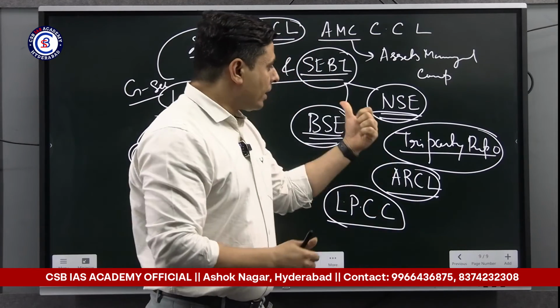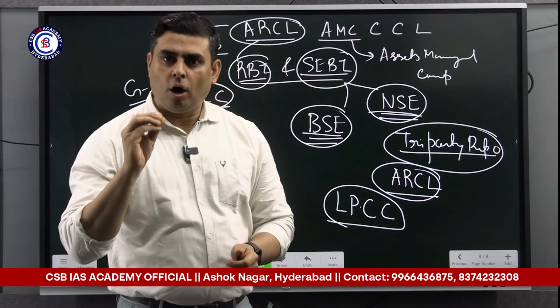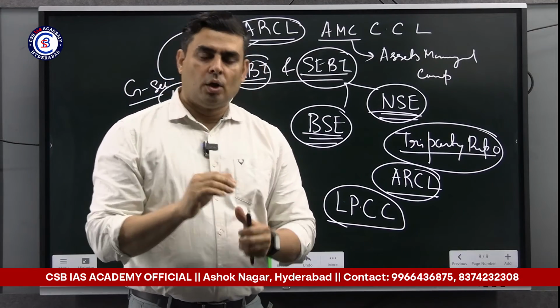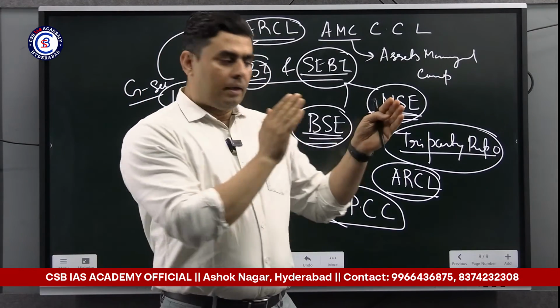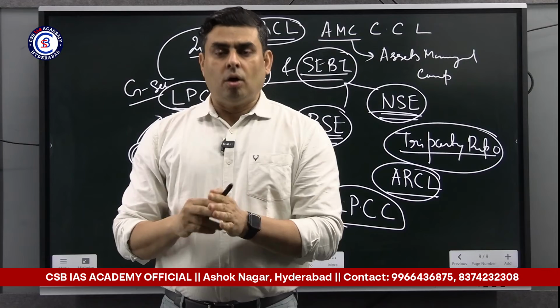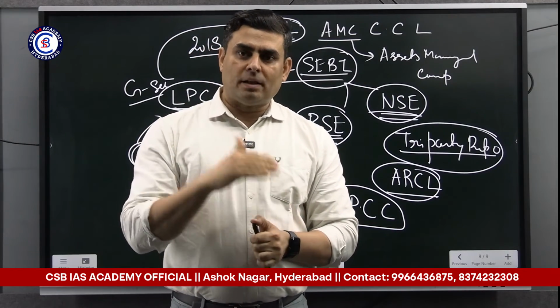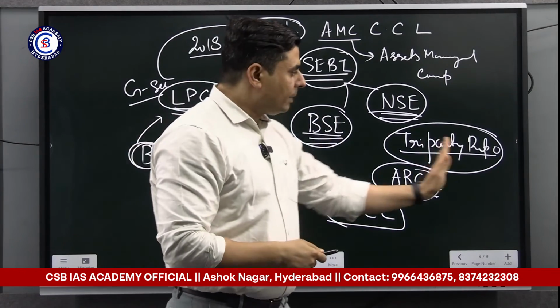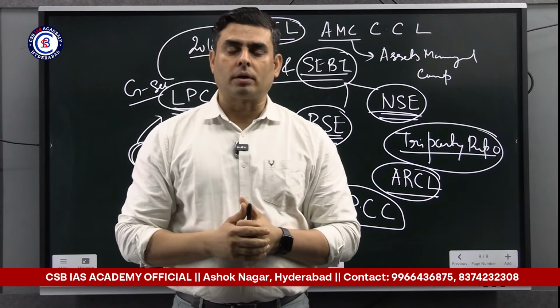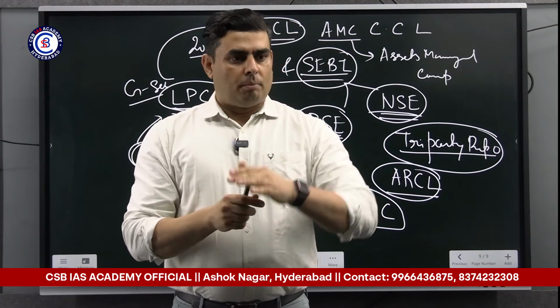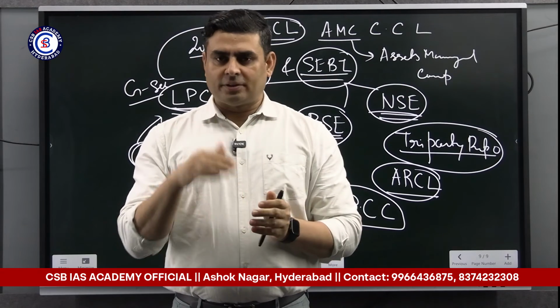Under this tri-party repo, all India financial institutions which have a certification or permission from RBI to participate in the financial market can enter into secured lending and borrowing. Lending is of different types. One is secured lending.